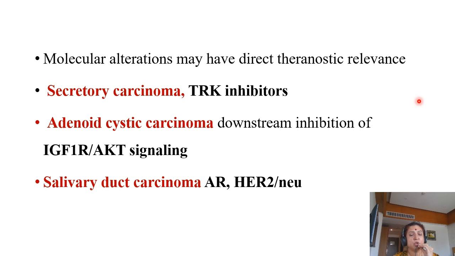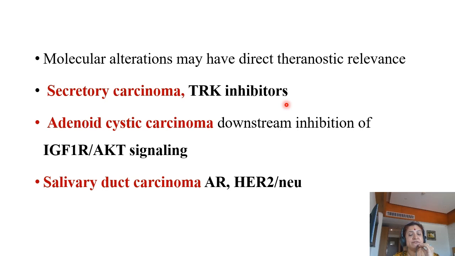Now, apart from all this helpfulness in diagnosis and categorization of tumors, another important role played by molecular alterations is that they have a role in deciding the therapy. For secretory carcinoma, you now have the option of treating with tropomyosin receptor kinase inhibitors.